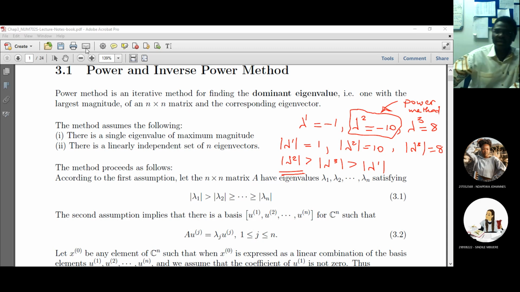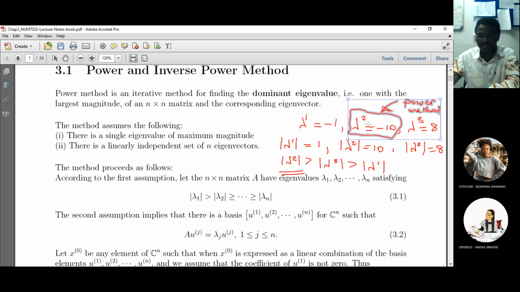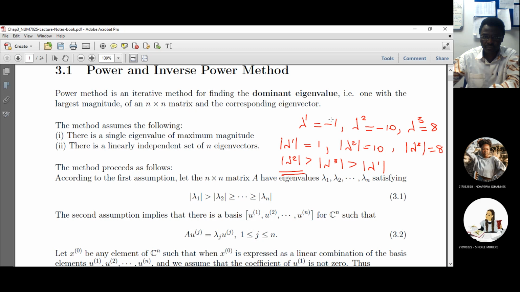Great. Okay, great. So let me erase all this. Okay, so that's the power method. That's what it will compute.